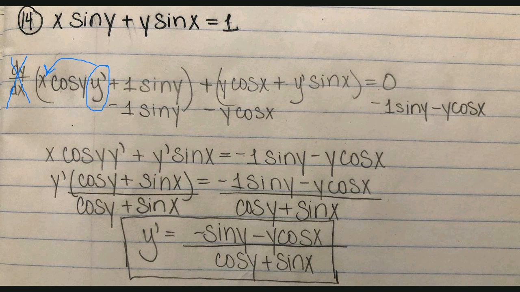Because maybe later on, if you do a lot of questions, you may get confused and think this y prime is part of the angle y. And also, you don't need to carry this 1, right? 1 times something doesn't change anything. There's no point to carry this 1 with the sine y. Make sense? Yeah.